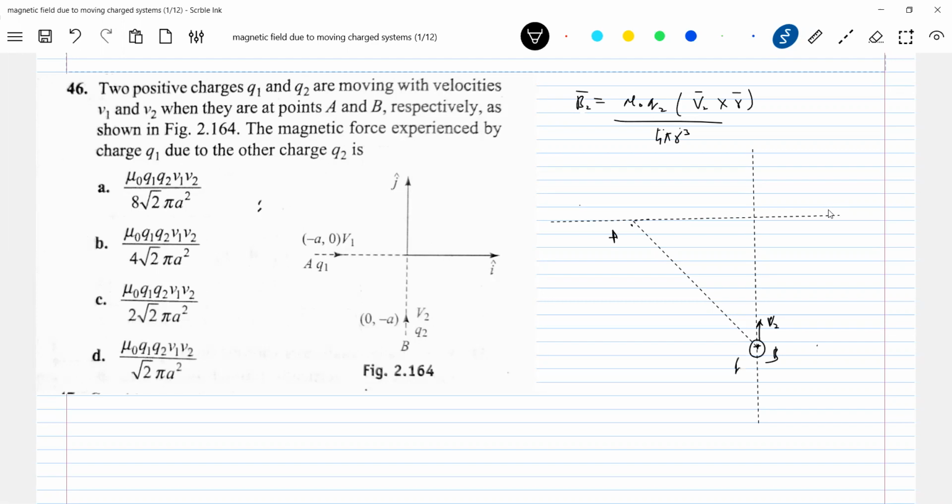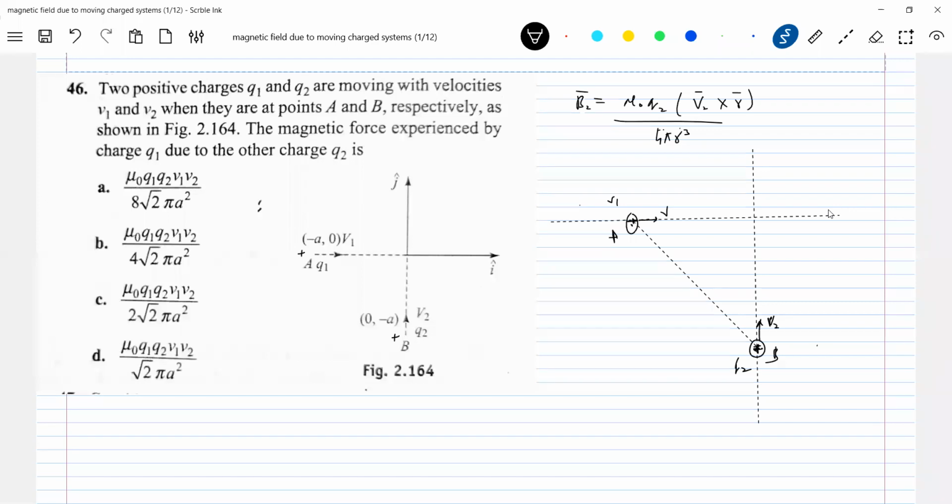Let's take it here, and this particular charged particle is moving here. At the location of that, we should calculate the field. Let both be positive charges. So what is the value of B2?